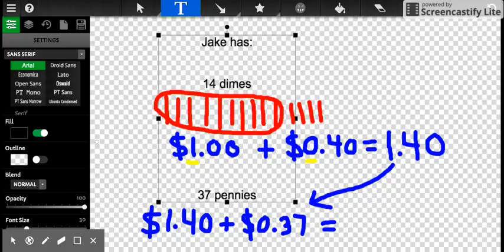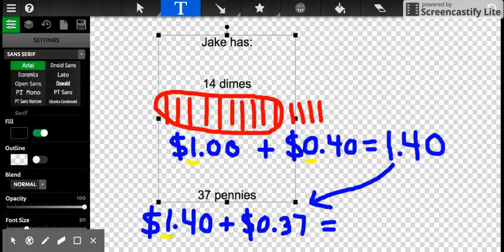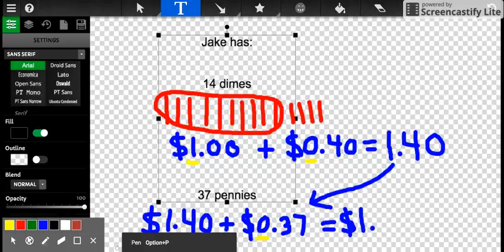So again, let's do adding by place. We see that if we add our dollars first, $1 plus $0 equals $1. Let me draw my dollar sign this time. Equals $1. And now we got to add our cents. So let me go to my tens spot in my cents.